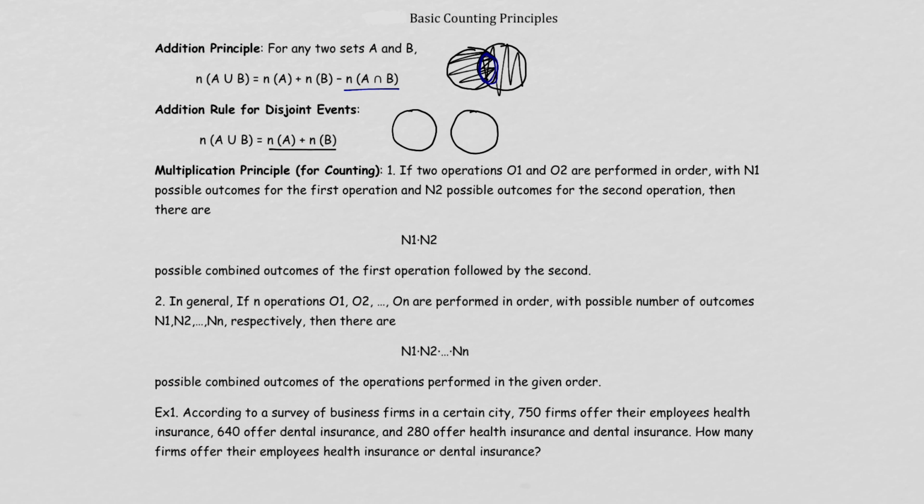That's why it's a multiplication principle. But if the operations are more than 2, then you keep multiplying the number of the operations. And all that you should be able to understand better when we go into examples.